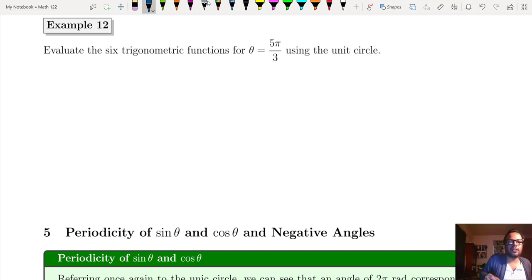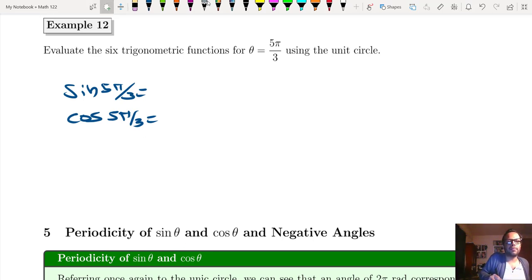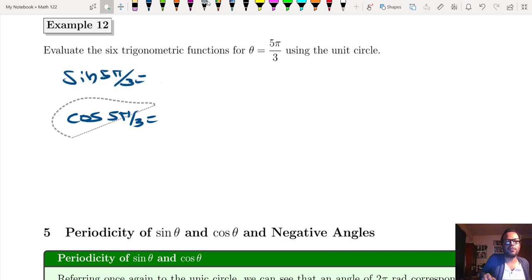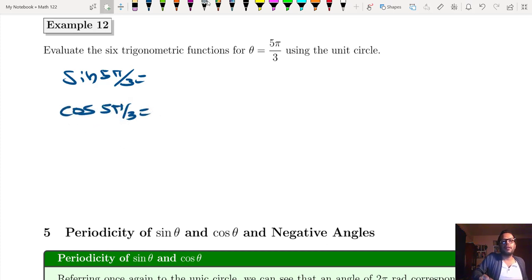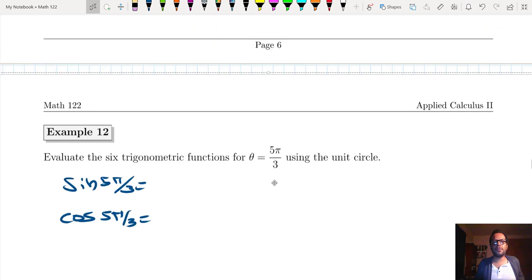So sine of 5 pi over 3 and cosine of 5 pi over 3. So these two are basically freebies, right? Because they're given on the unit circle. All right. So let's see. Sine of 5 pi over 3.